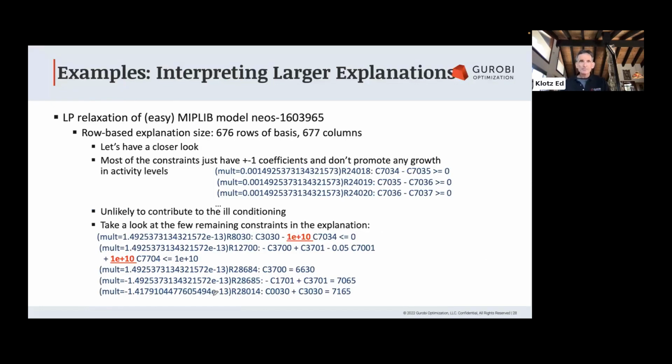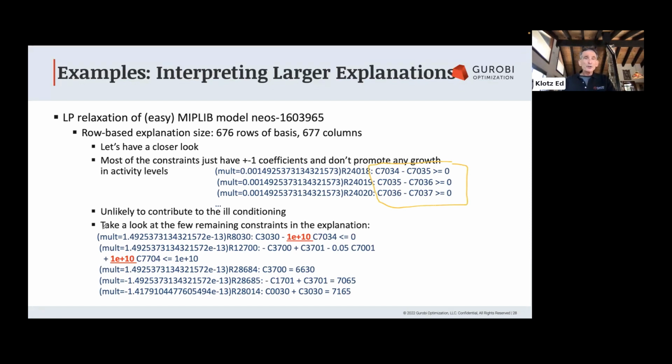It's still better. What we find is that most of the constraints look like these 3 here, and just have plus or minus 1 coefficients that don't really promote any growth in the activity levels. These seem unlikely to be the direct cause of the ill conditioning. They may interact with other constraints, but by themselves, they're not going to cause problems.